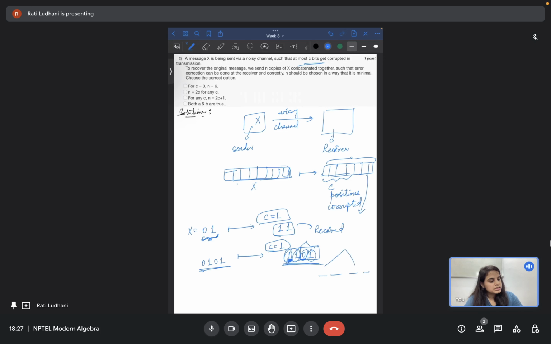This place and this place should be same, and this place and this place should be same. Here 1 and 1 is same, but here 1 and 0 is not same. So you know that there is an issue. There has been some corruption here, but you don't know what it is, because with 1 and 0, anyone could be the correct one.